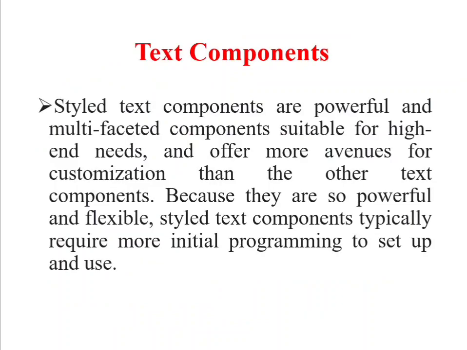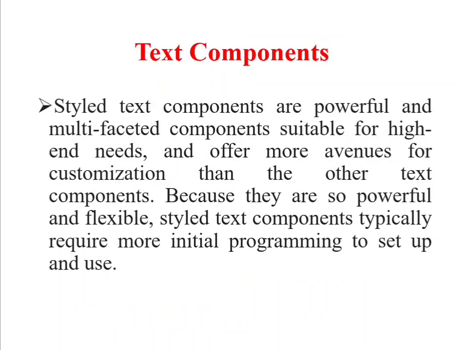JTextComponent includes two types or two components, that is JTextArea and JTextField. A text area is a multi-line, multi-column component that supports typing in its display area, while text fields are similar except that they support only one line of text.